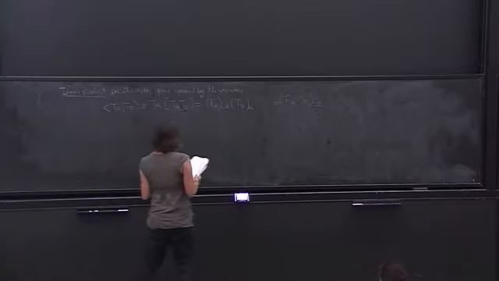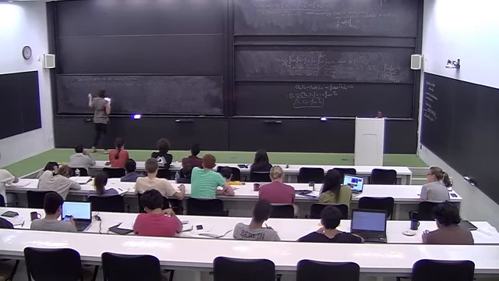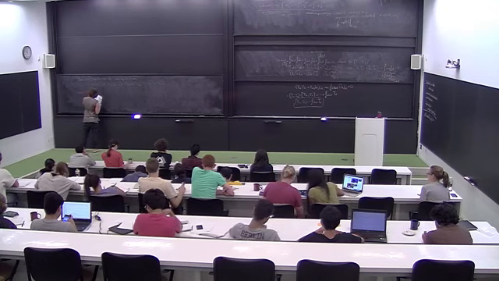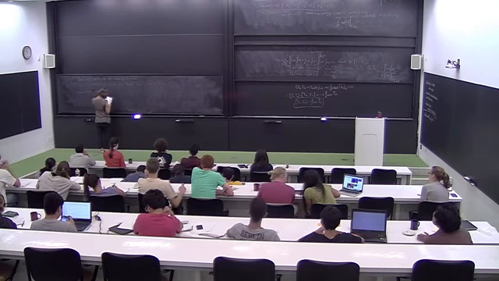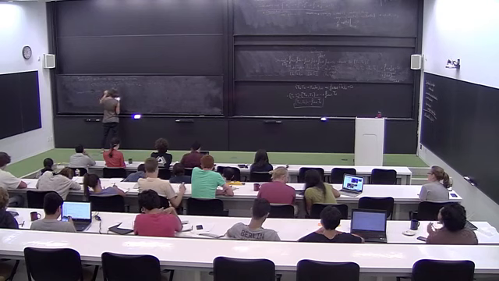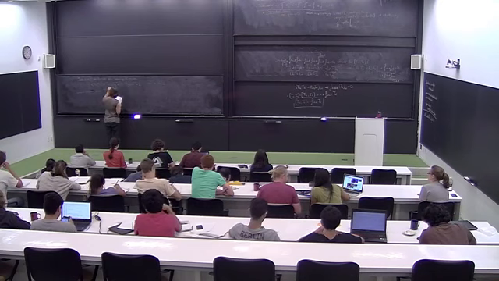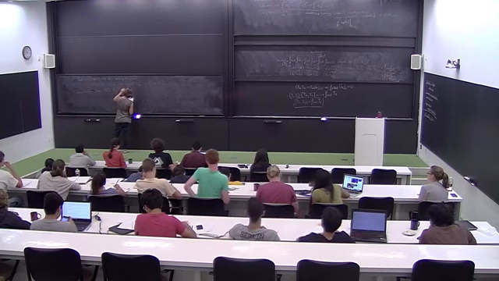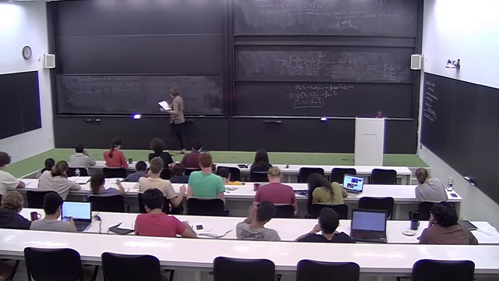In fact, you can show that for any compact Lie algebra, you can choose a basis such that the scalar product, given by the trace, is proportional to delta with lambda greater than 0.